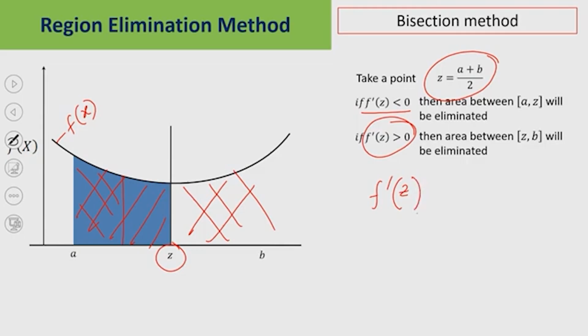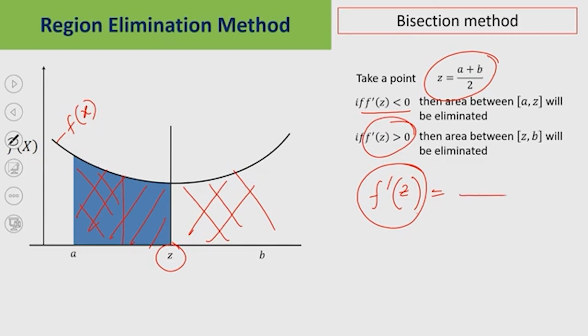Now, if I compare the efficiency of this method with the other methods, suppose the interval halving method or the golden section search method, what is the computational complexity here? Here we have to calculate the derivative of the function at that particular point. Now, the question is how to calculate this derivative.